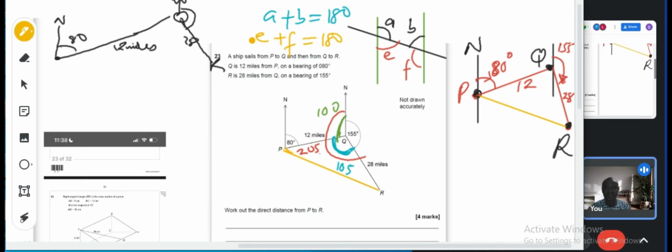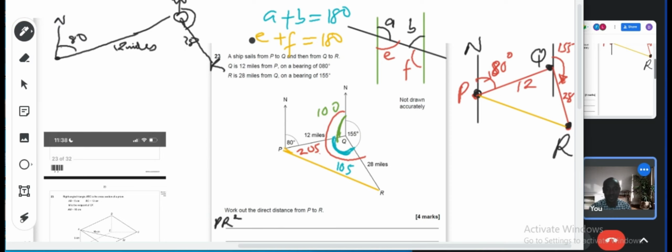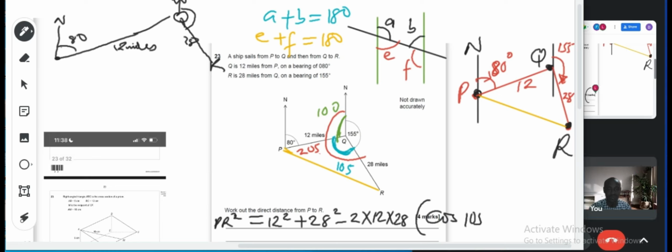So it's going to be PR squared is equal to 12 squared plus. Anyway, since it's given in the formula table, let me just write it out in black. PR squared is equal to 12 squared plus 28 squared minus 2 times 12 times 28, then times cos 105.